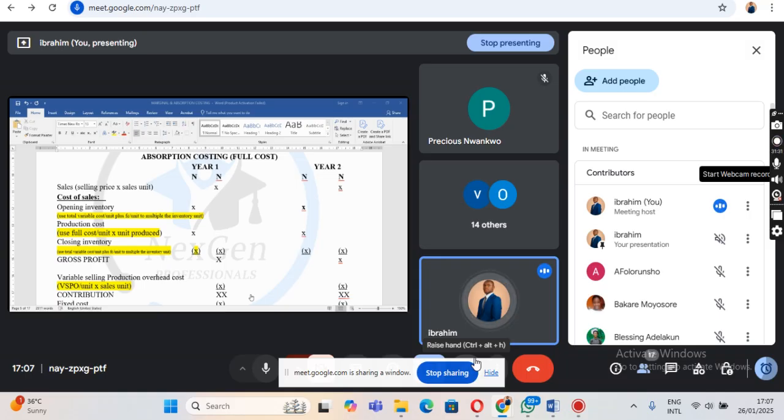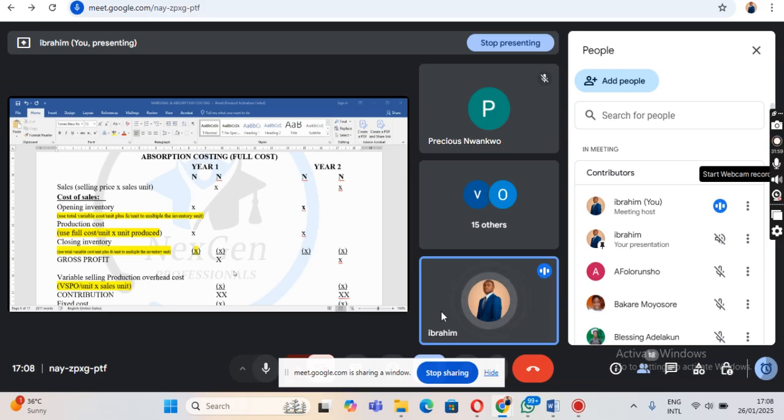Why? Because absorption costing is like your normal profit or loss account. When you want to sell these goods and you incur a cost, where will you put that cost? It will automatically become your expenses.